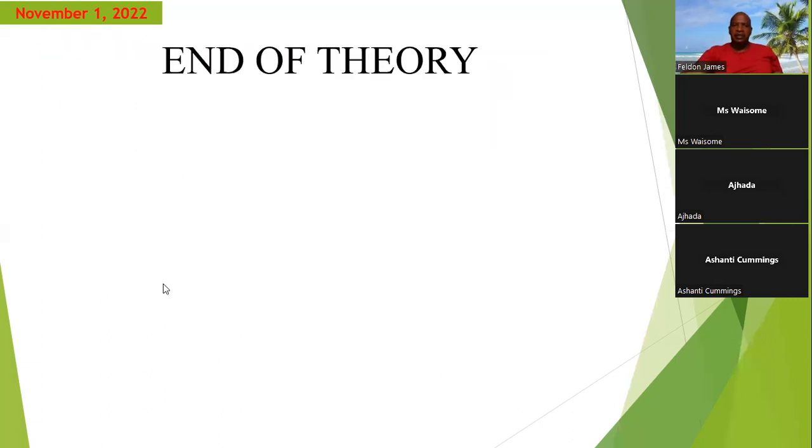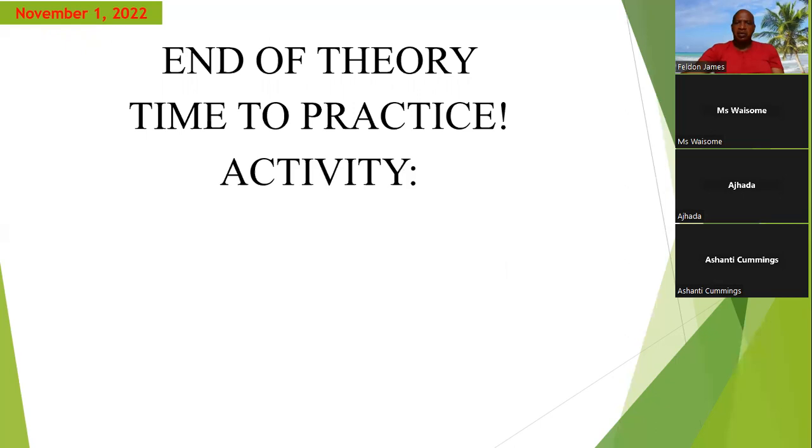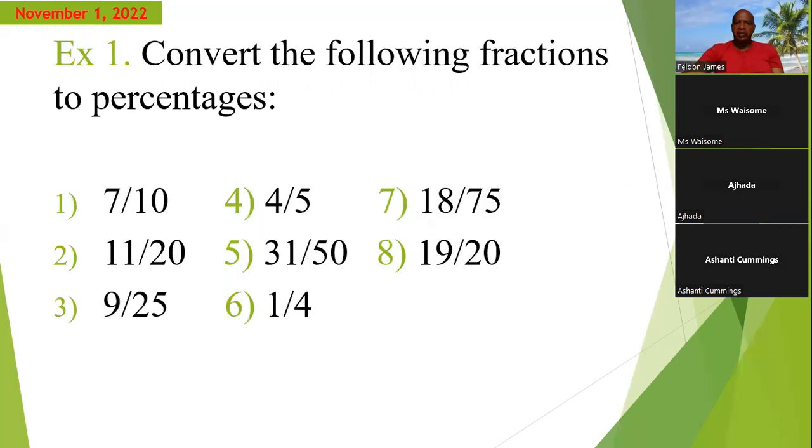All right. So we would have covered the basic aspects of percentages. And so what I want you to do now is to do this activity. Did we get a chance to do this activity in the last class, guys? No, sir. All right, so we're going to just go through the activities.